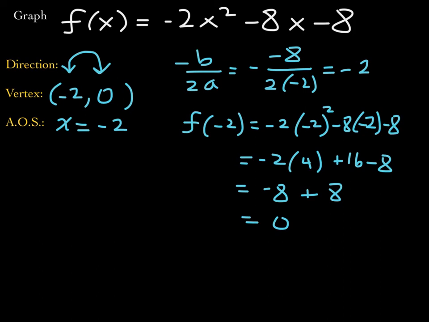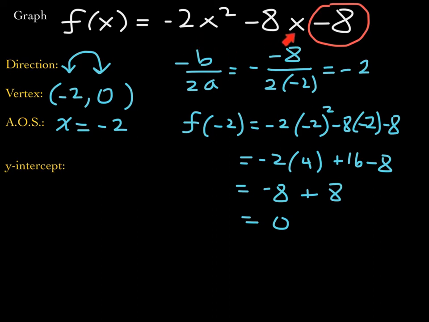I want us to find the intercepts of the graph. Let's start with the easiest one to find, the y-intercept. Now, I mentioned earlier how the y-intercept is always going to be your constant term when it's written in this form. So you can see right now that the y-intercept will be negative 8. Now, algebraically speaking, what you would do is plug in 0 for x in order to find your y-intercept.